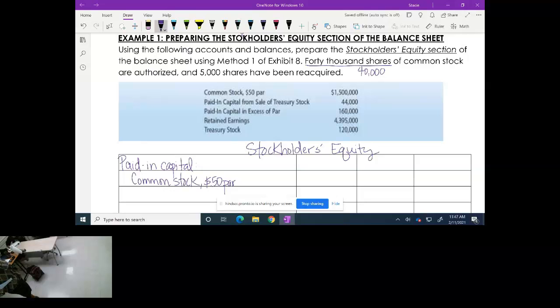So 40,000 shares of common stock are authorized. Their charter said they could issue up to 40,000 shares. And 5,000 shares have been reacquired, which would be called what? Treasury stock. So how many shares have we got outstanding, or issued? You can subtract, but you can also take this 1,500,000 and divide it by $50 par.